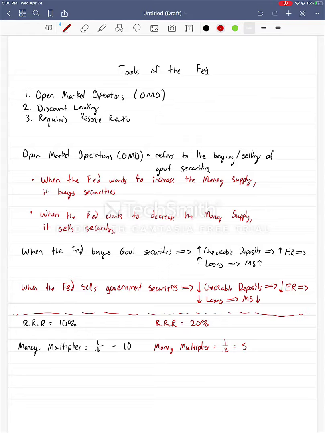So we see that if the required reserve ratio is increased, it reduces the impact of an initial deposit on the overall money supply. Now, if banks are required to hold more on deposit, that means less money that they have in excess reserves to loan out.